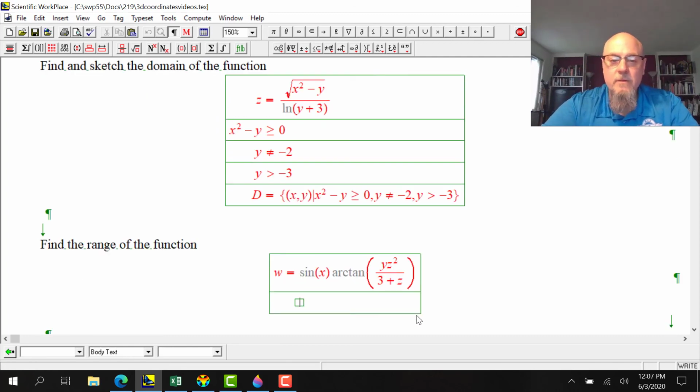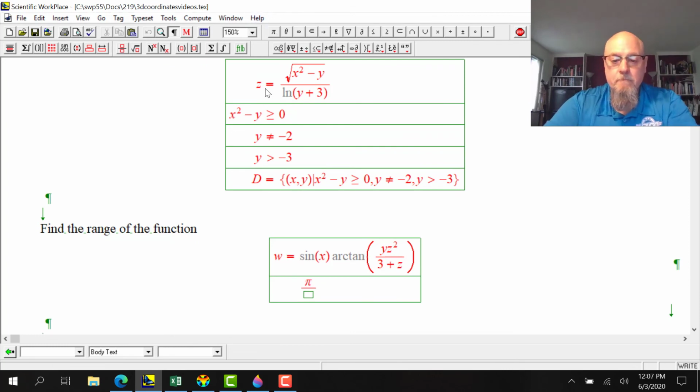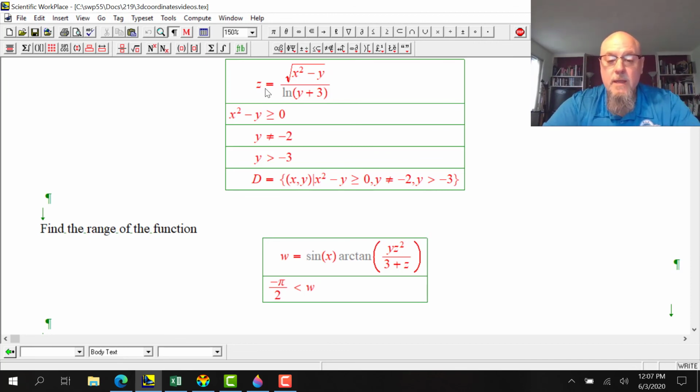So that means that the range, what w's can come out, is in between minus pi over 2 and plus pi over 2, but I'm going to go with the strict inequality, so they would be dotted lines there.